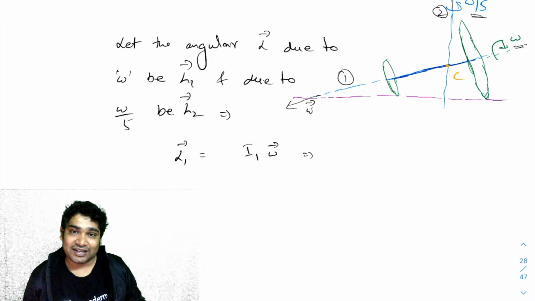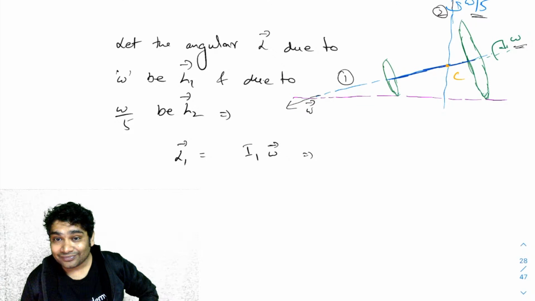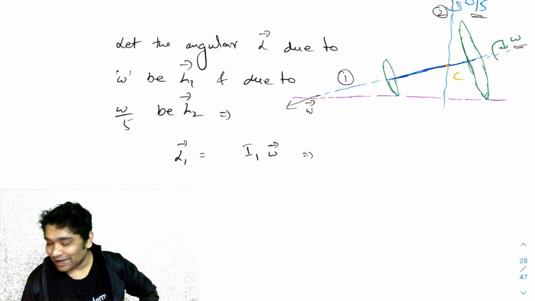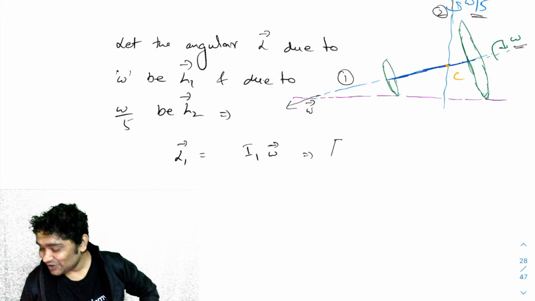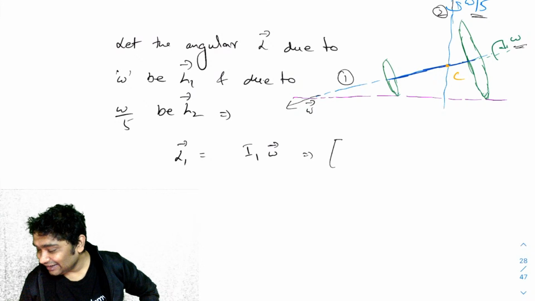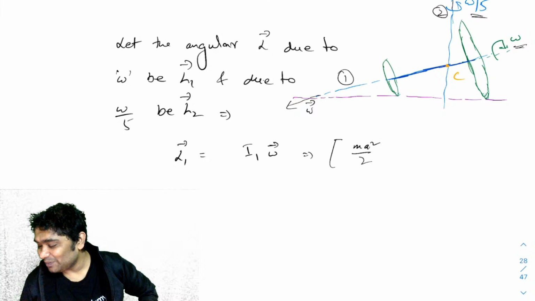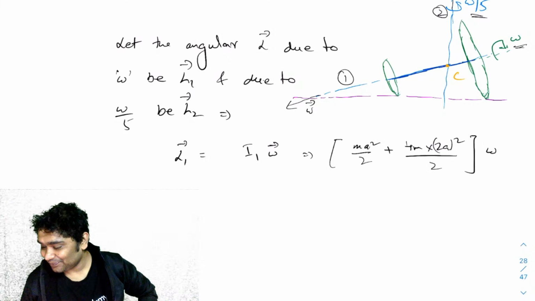This is very easy. What is this? This is ma square by 2 plus 4m into 2a square by 2 times omega vector.